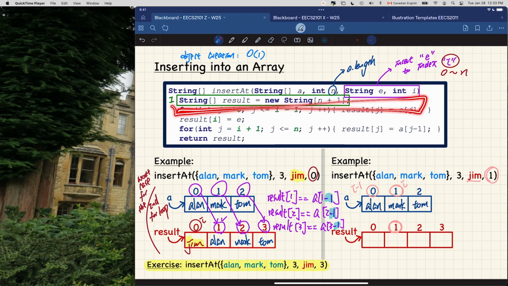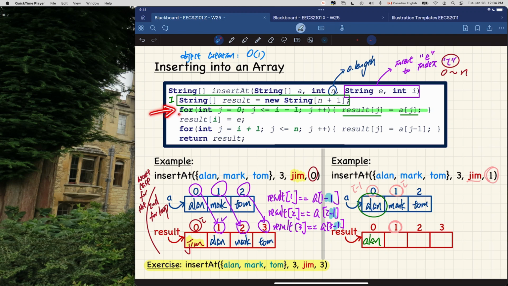The first for loop, I'm just going to use green, copies everything that's to the left of I, in this case just Alan. You can see result J and A J, so result 0 is assigned A 0. Straightforward. That's step number 1.